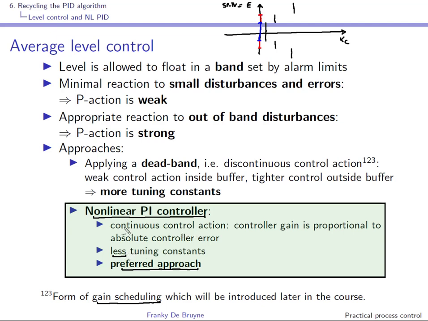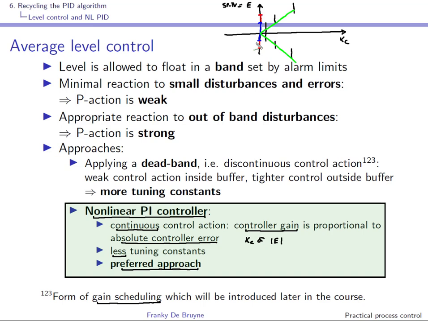In order to have a continuous control action, we let the controller gain be proportional to the absolute control error. So Kc is proportional to the absolute value of the error.